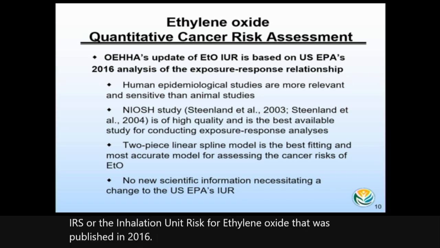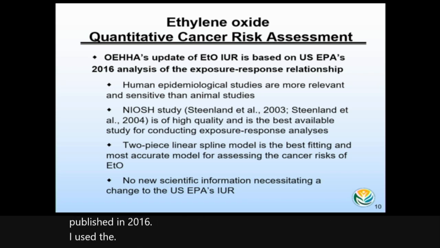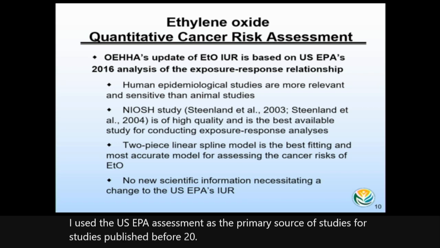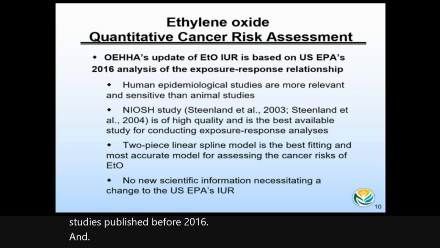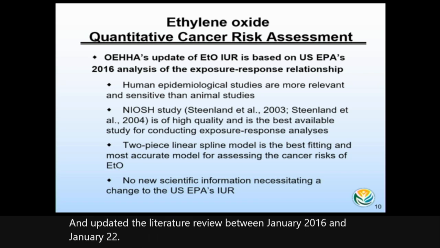So OEHHA used the US EPA's assessment as the primary source of studies published before 2016, and updated the literature review between January 2016 and January 2023 to identify more recent studies relevant to the development of the IUR.